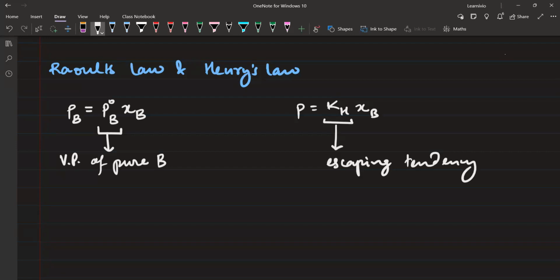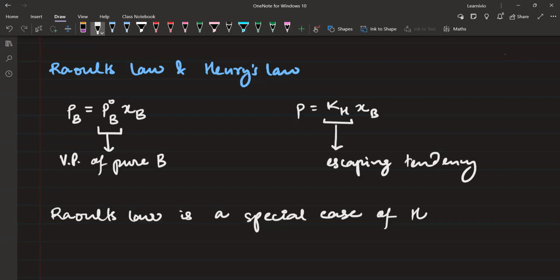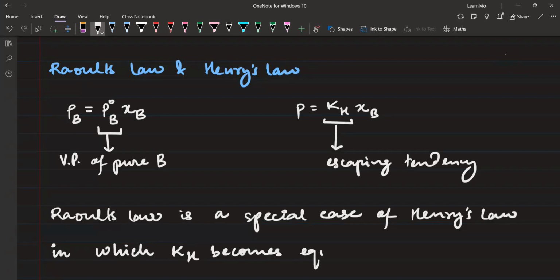And that is why it is said that Raoult's law is a special case of Henry's law, rather, in which, that will be a better word, in which KH becomes equal to P naught or P naught B. Whatever you want to take, you can write any one of them.